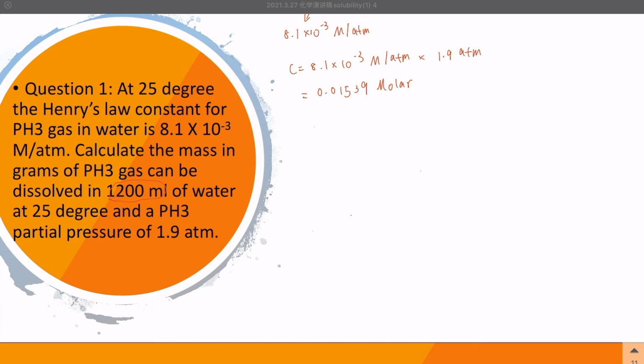So for the next step, the liter of PH3 solution, we convert it to the mole of PH3, and then we get the molar mass.